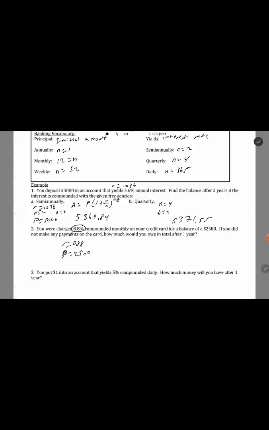So basically, you charged $2,500 worth of stuff, and you didn't make any payments for 1 year. So this is how much you would have to pay. So I plug it into the formula, and I get 2729.09. So you would have to pay an extra $229 after 1 year of not paying, which is actually not that bad, but still more money, right?